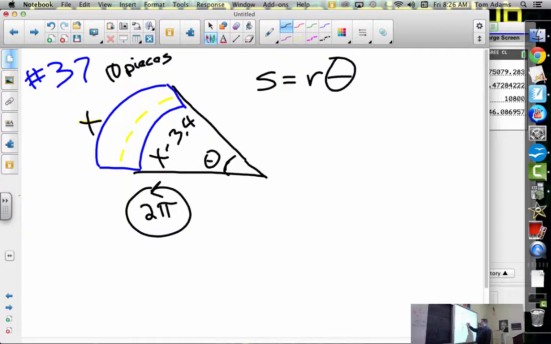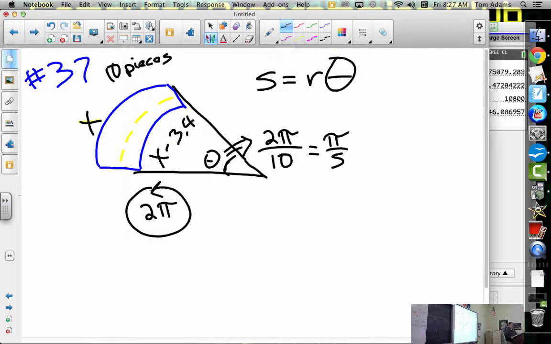So our measured theta would be 2 pi divided by 10 for both arc lengths, okay? And that's the first start. Now if you reduce that, it's really pi over 5, right? So theta is pi over 5.